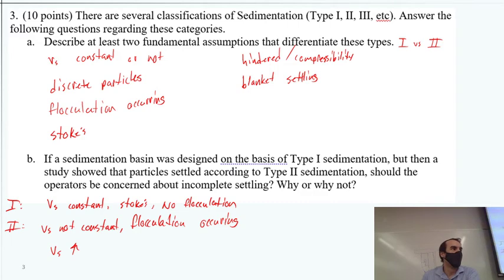Now, if we ended up finding that type 3, 4, 5, or whatever sedimentation was also applying, then maybe something else would become important and we'd have to be concerned. But given that it was just type 2, that meant not concerned. But again, I was sympathetic: if you made some rational argument based on the assumptions you listed, I probably didn't take much off if you had the wrong answer.